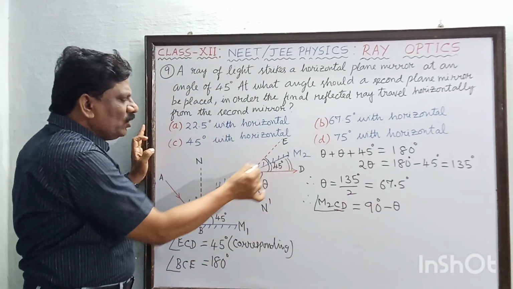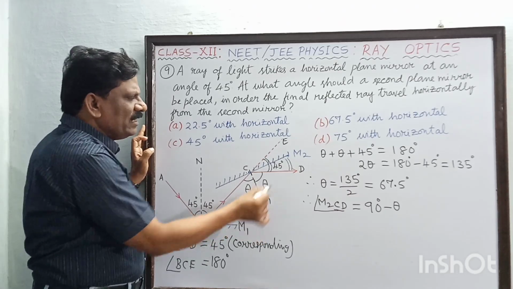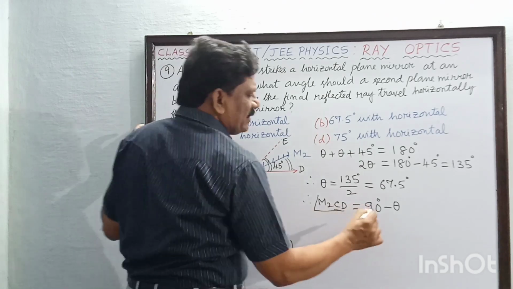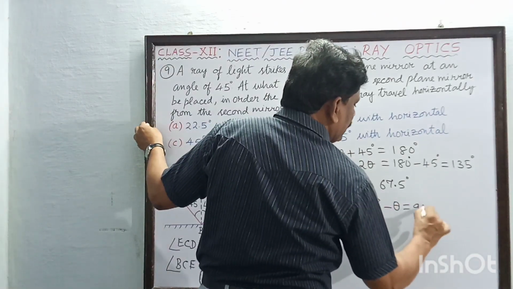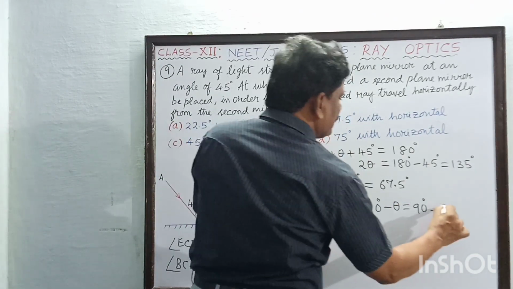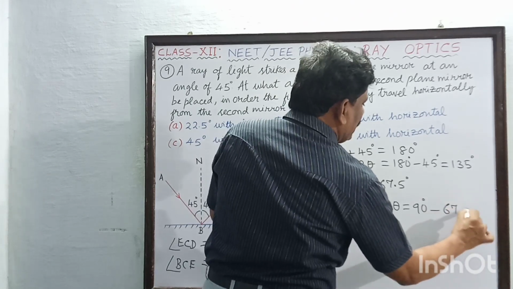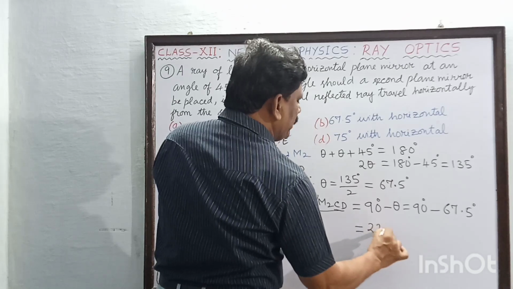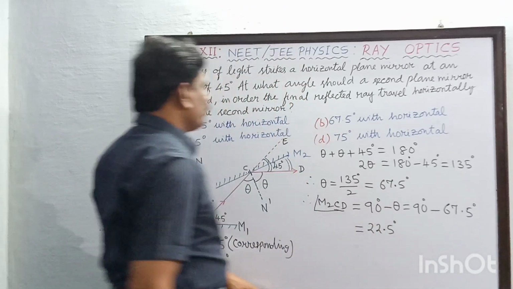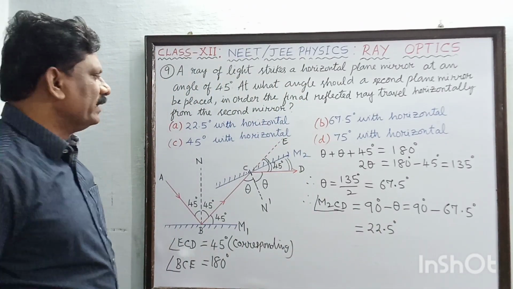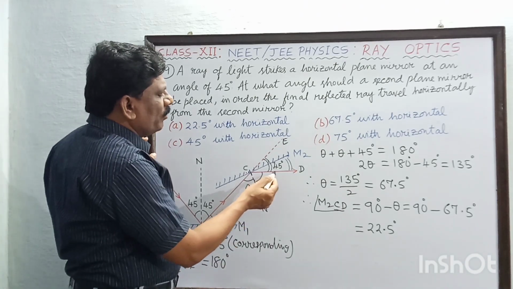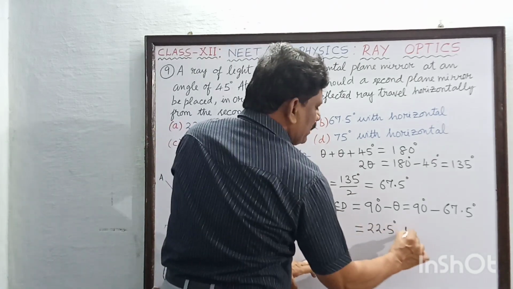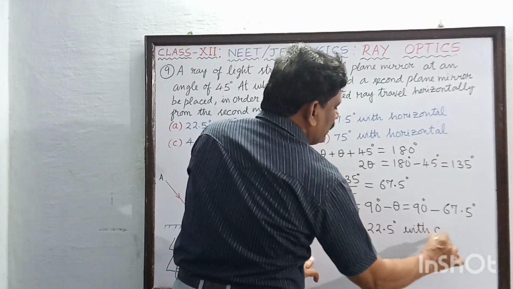So M2CN dash is 90 degrees, minus DCN dash, that is theta. So 90 minus theta, and this is equal to 90 minus 67.5 degrees. So this angle is equal to 22.5 degrees. And this angle of 22.5 degrees is made with CD, that is, with the horizontal.